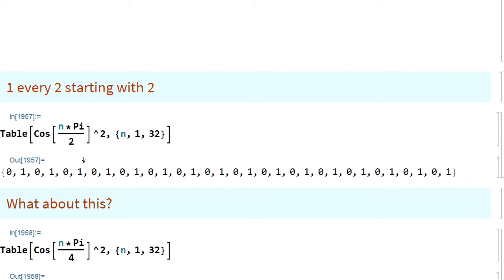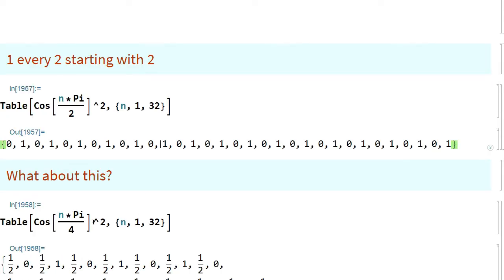Okay, so basically cosine of n pi over 2, the only thing you have to notice is that the output is values evaluated at integers 1 through 32. So this is it evaluated at 1, and this is evaluated at 32. The thing to notice is that 1 starts at 2, and it keeps going at every single even number from that point.